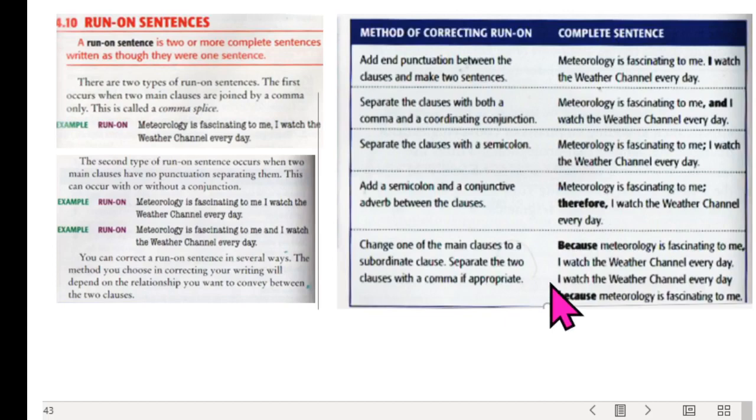Therefore, nonetheless, however, and so on. For because, one other thing you need to keep in mind, do not use a comma before because in English, okay? You don't need the comma before because.